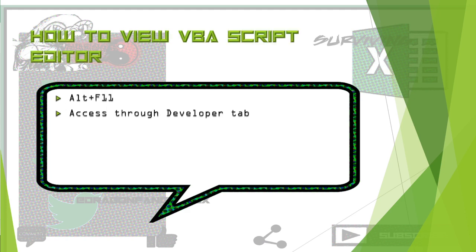You could view your VBA script by hitting Alt F11 on your keyboard. But another way is I can also display it by going on to my developer tab, which I'll show you how to get to in a moment.